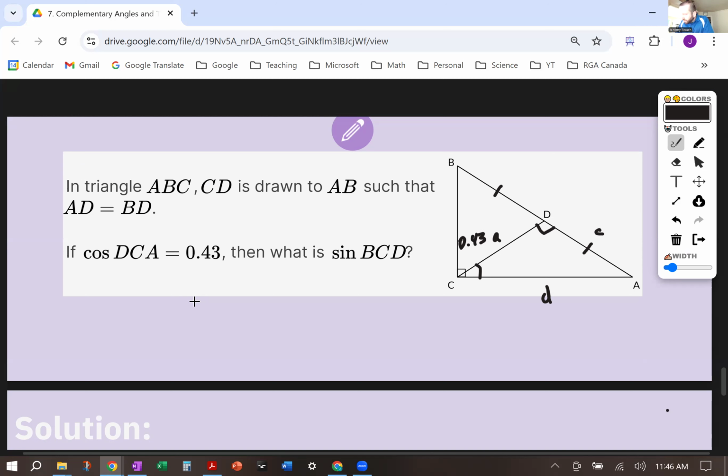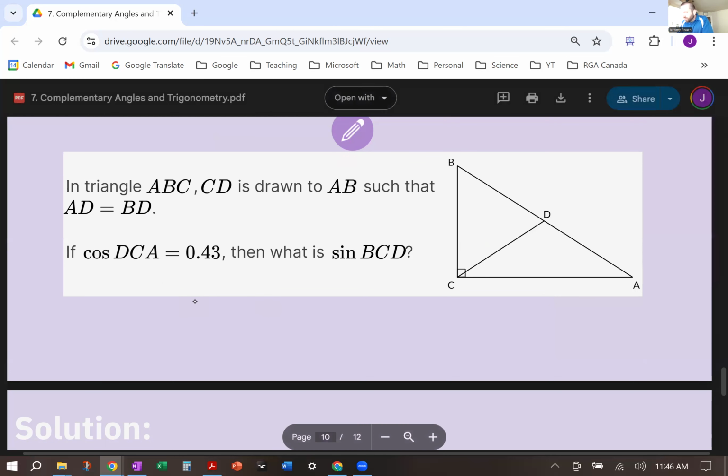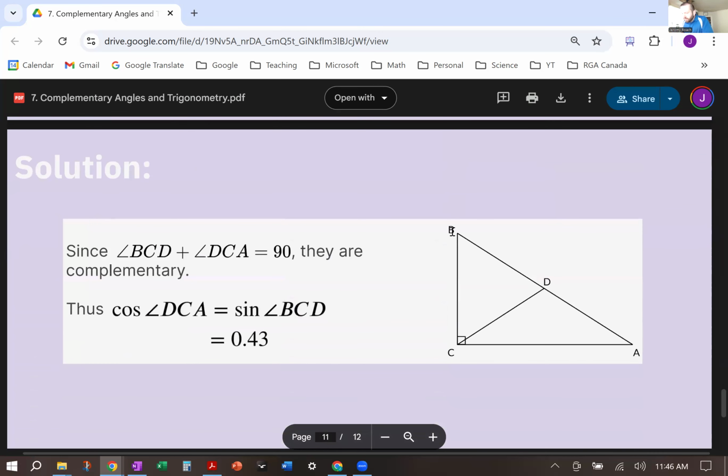I'm going to write it like this, cosine DCA is 0.43 over 1. So that's adjacent over hypotenuse. So 0.43 over, but we don't know what the hypotenuse is either. So we've got two missing values here. So I believe this is one of those where we have to memorize. Let's go down to the solution here.